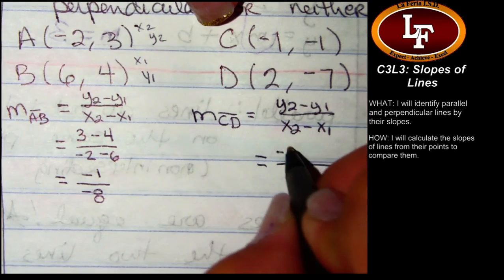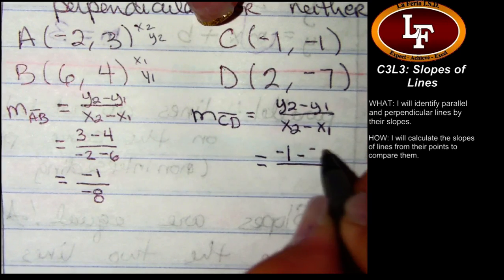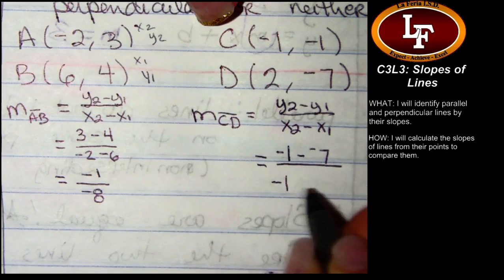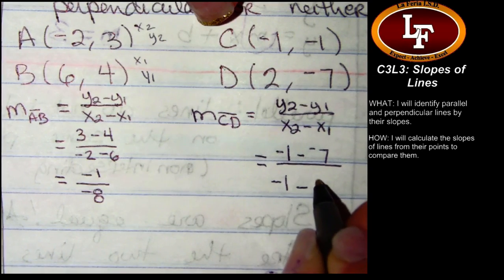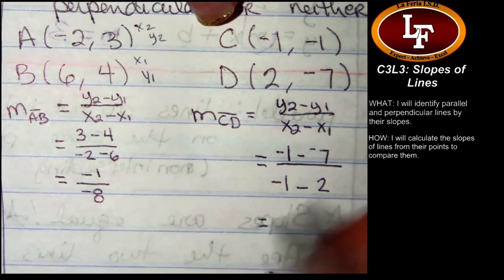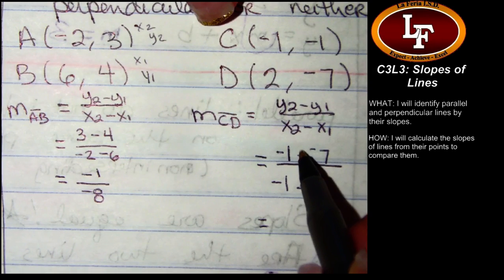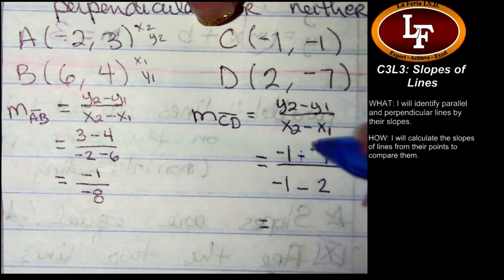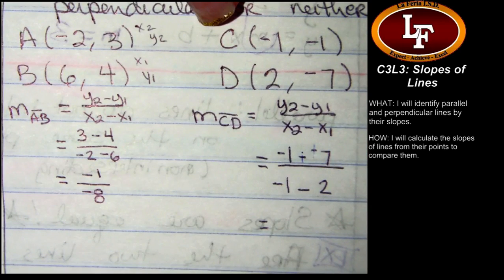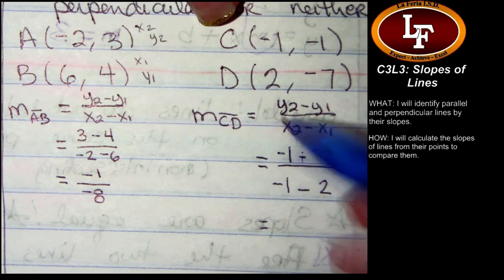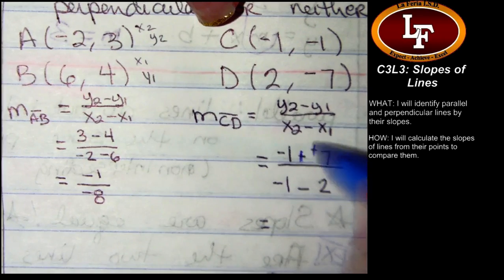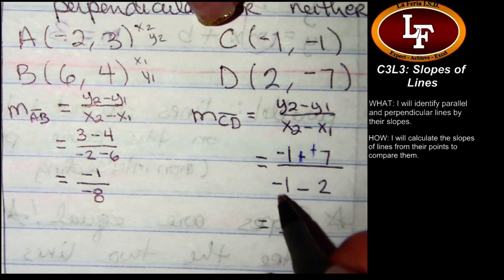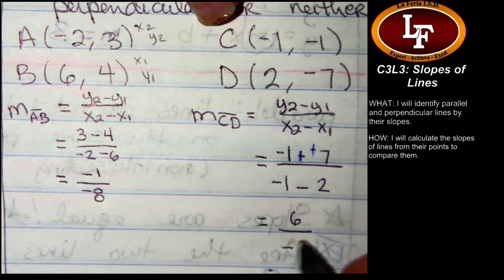So y2 -1, y1 -7, x2 -1, x1 is a 2. I have a double negative here, and I can think of that as a positive. So -1 plus 7 is 6, and -1 minus 2 is -3.